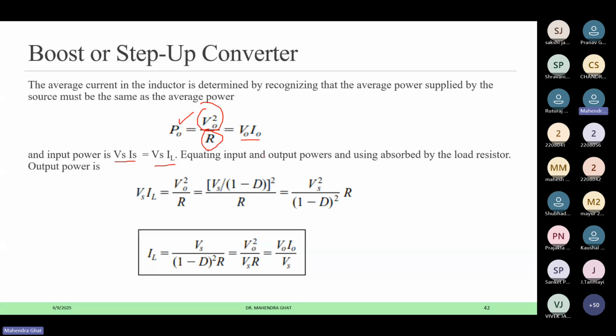Now, as I said, for the non-lossy converter, whatever input power is there, VS into IL should equal the output power.